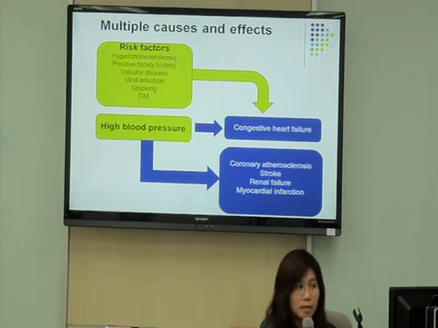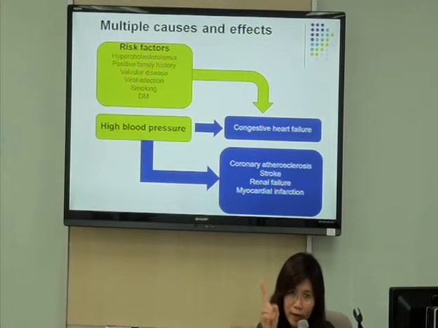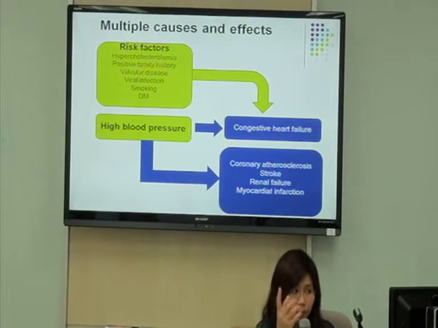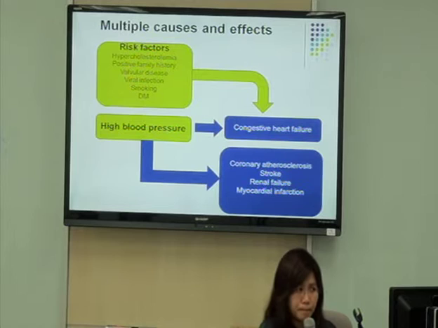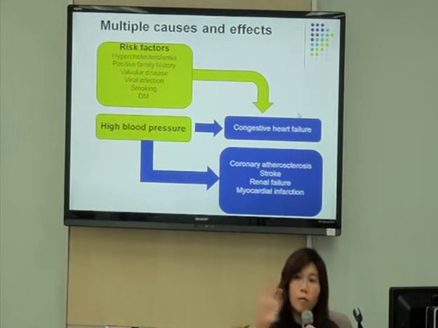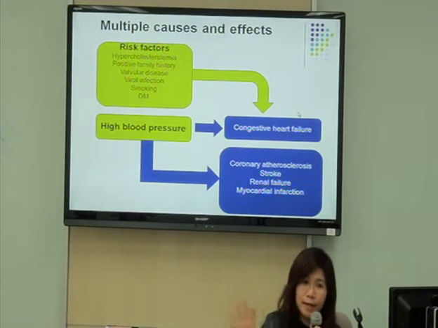But the way you calculate, you have to focus on one event to be the dependent variable. And remember that the risk factor or exposure should come before the outcome, because this is the scheme of a cohort study.